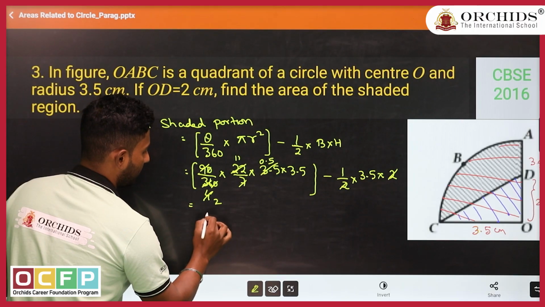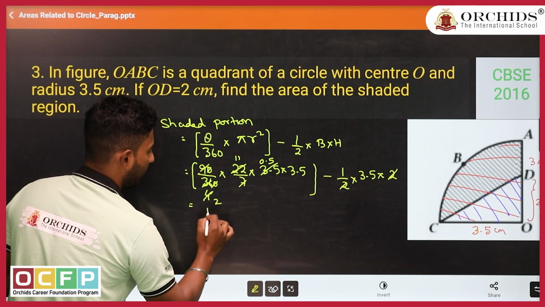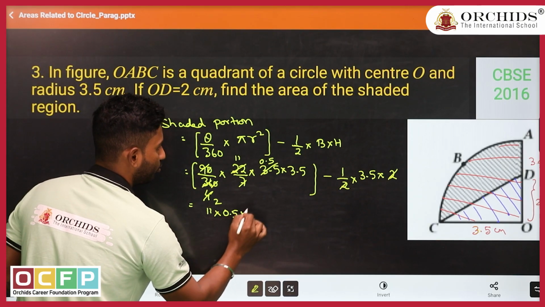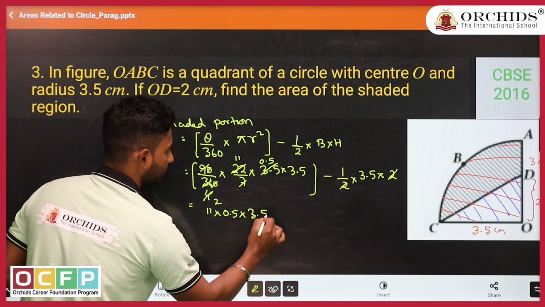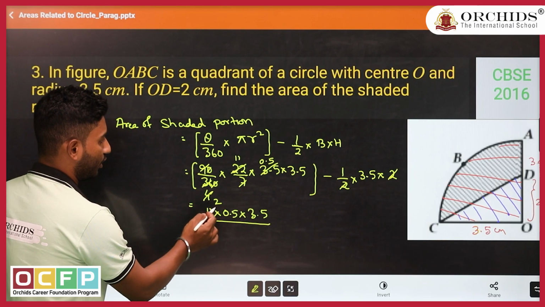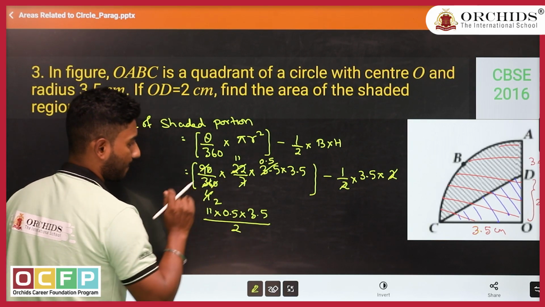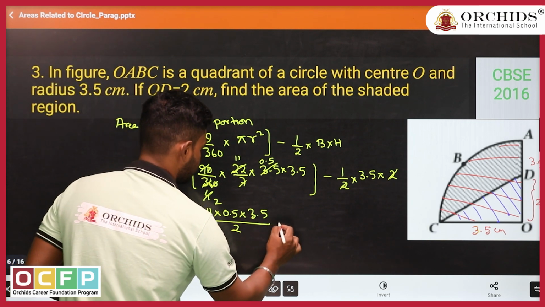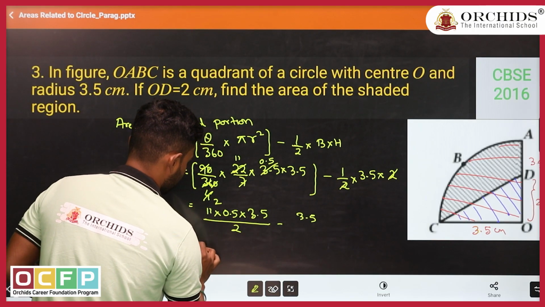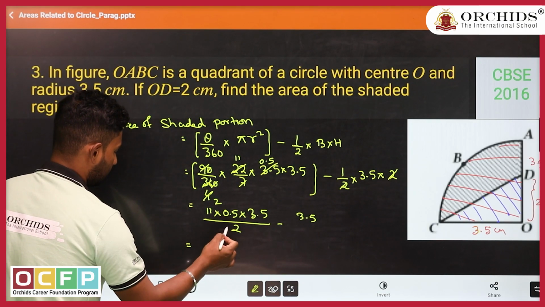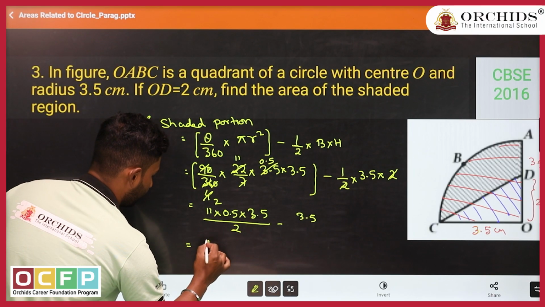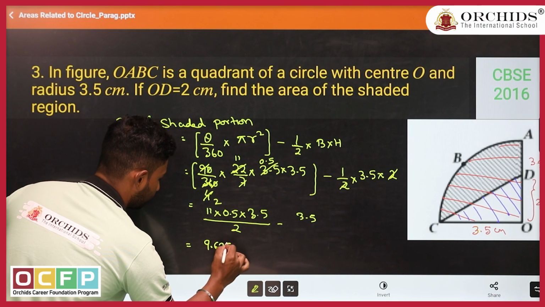In the numerator we have 11 into 0.5 into 3.5, and in the denominator we have only 2 left, minus, what is left? 3.5. So 11 into 0.5 into 3.5 by 2 will give you 9.625.